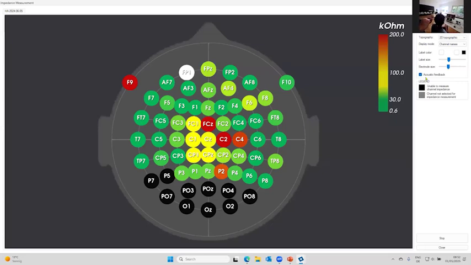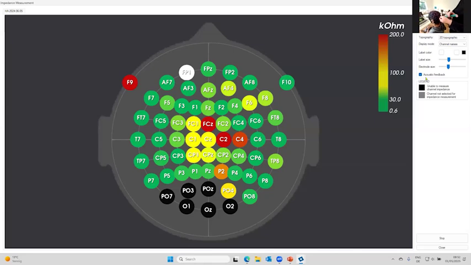So we are now doing the posterior line. Now we're doing posterior parieto-occipital electrodes, PO8, PO4, this is POZ.